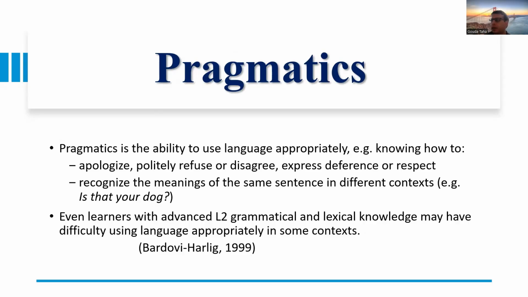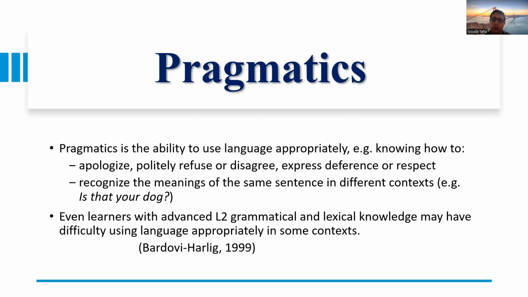Another area that shows some kind of developmental order or developmental stages is the idea of pragmatics. In pragmatics, which we touched upon very quickly in the first part of the course, we said pragmatics is the language in use.